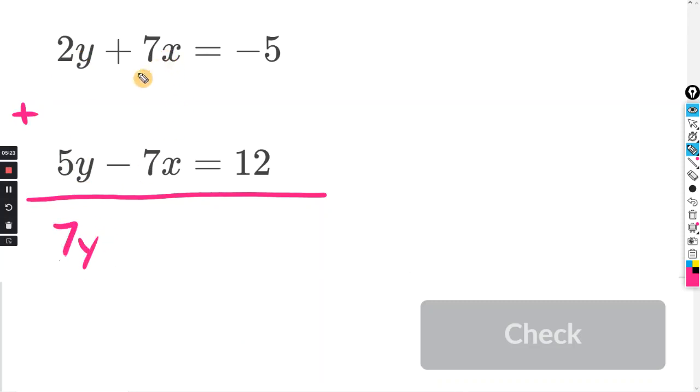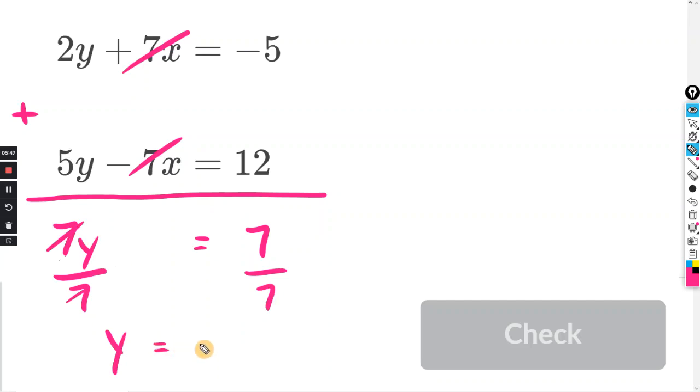Positive 7x plus negative 7x is 0, so these cancel. Bring down the equals. Negative 5 plus 12, that's the same as 12 minus 5, that's 7. Solving for y, the opposite of times 7 is divided by 7, and the 7's cancel, and y equals 7 divided by 7, which is just 1.